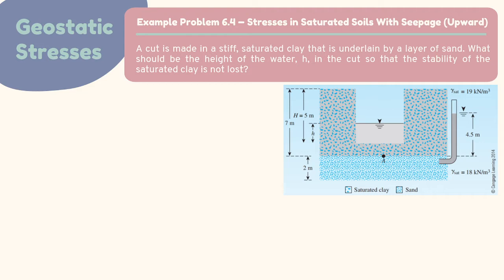In the previous problem, we were asked to determine the maximum depth of a cut, and now in this problem, we are asked to determine the minimum height of water to maintain the stability of the saturated clay.